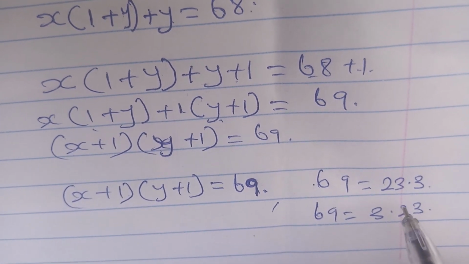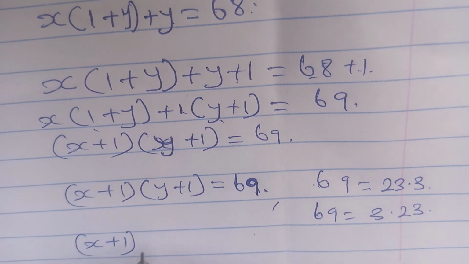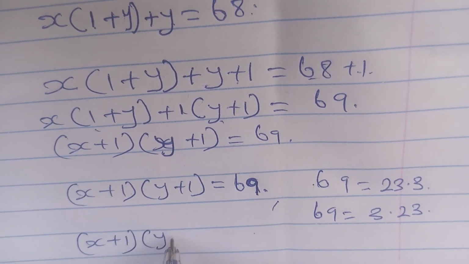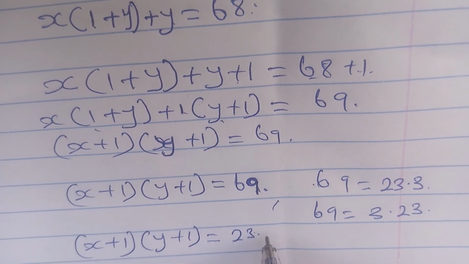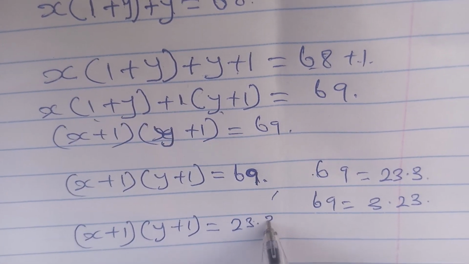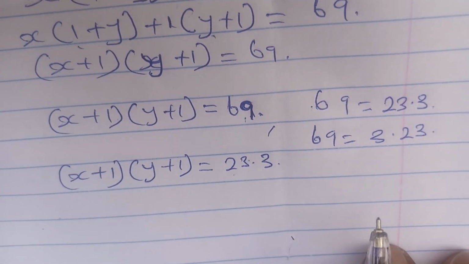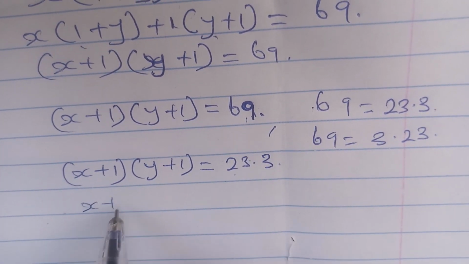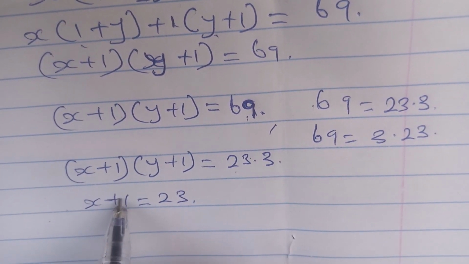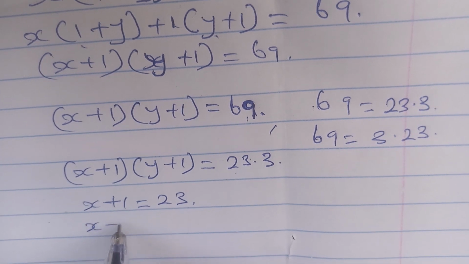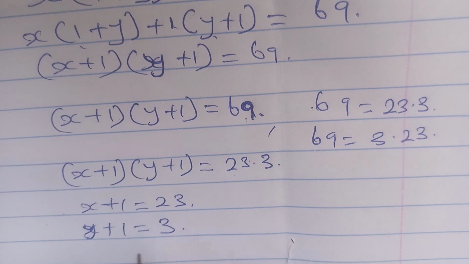So therefore I can say x plus 1 times y plus 1 is equal to 23 times 3, because 23 times 3 is going to give me 69. Therefore from here I can say x plus 1 is equal to 23, and y plus 1 is equal to 3.